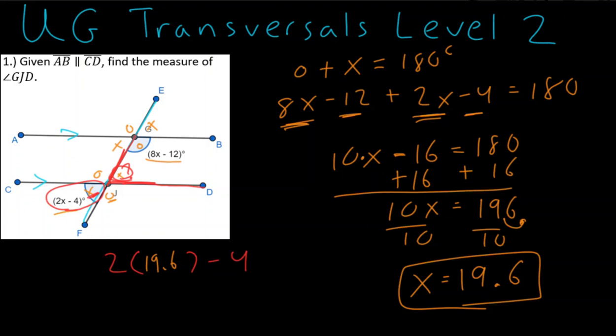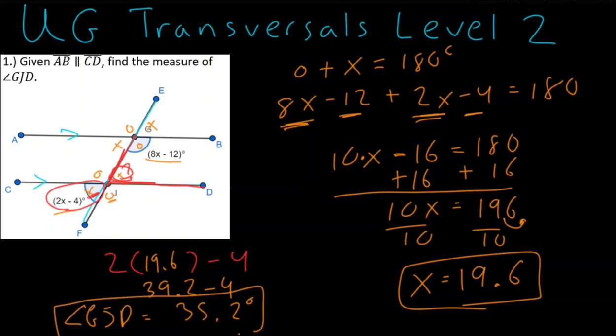Although I have a sneaking suspicion it's going to be 39.2, but let's just try it out. 19.6 times 2, yep, 39.2 minus 4. And of course, 39.2 minus 4 is actually going to give us 35.2. And so we know that angle GJD is equal to 35.2 degrees.